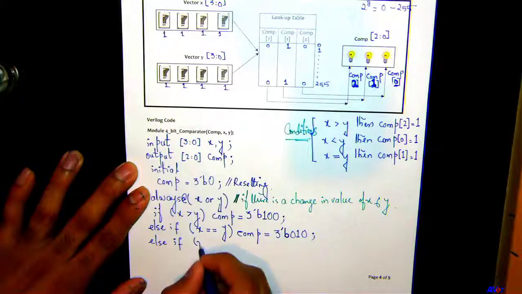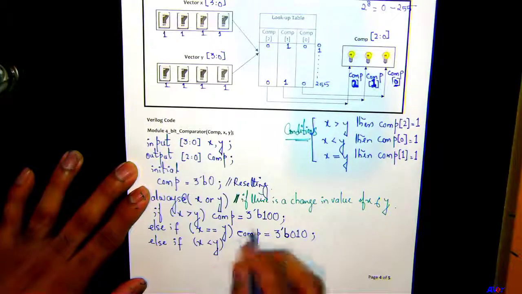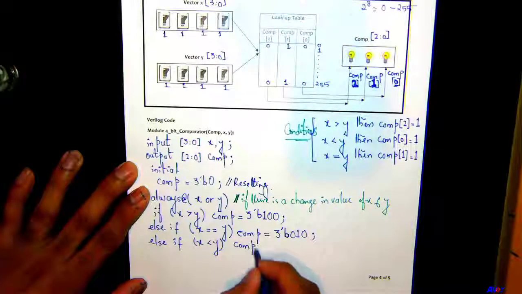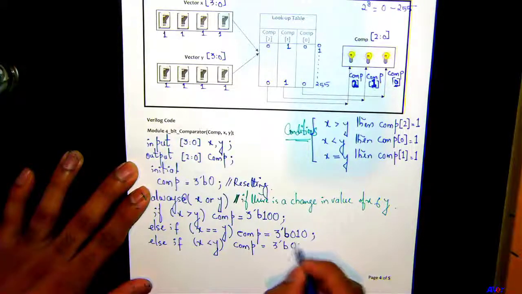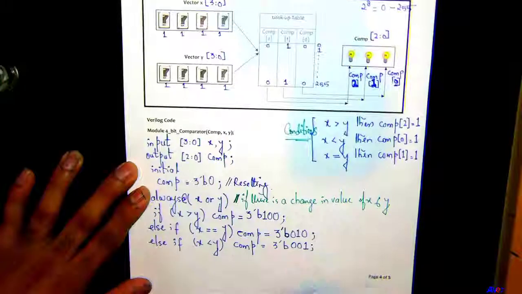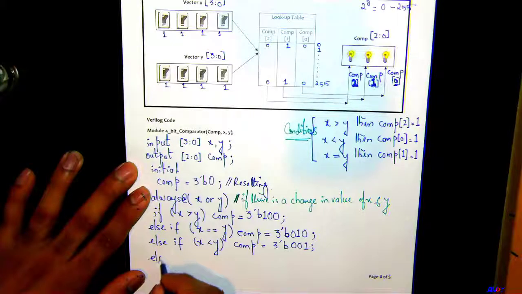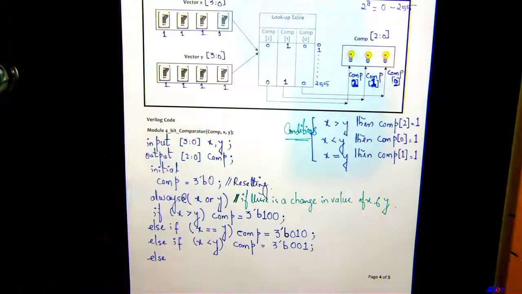if x is less than y, then what is going to be the combination now? 0, 0, 1. Okay. Now I took this example from some book, so I can modify it a little.